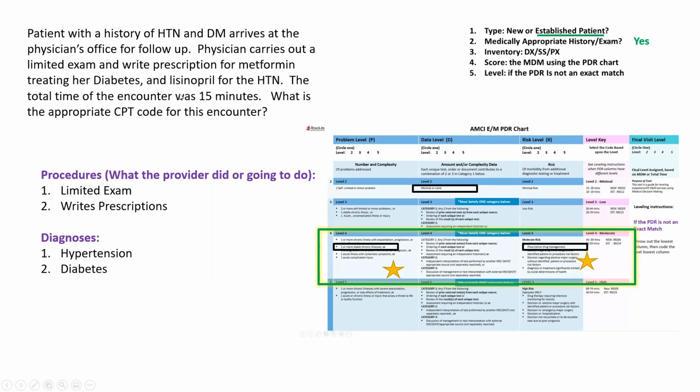But if we code this based upon the time of 15 minutes, and you can use this level key for time, so let's go find 15 minutes. 15 to 29 minutes is 99212. Oh my goodness, I made a little blunder. So let me fix it back here.